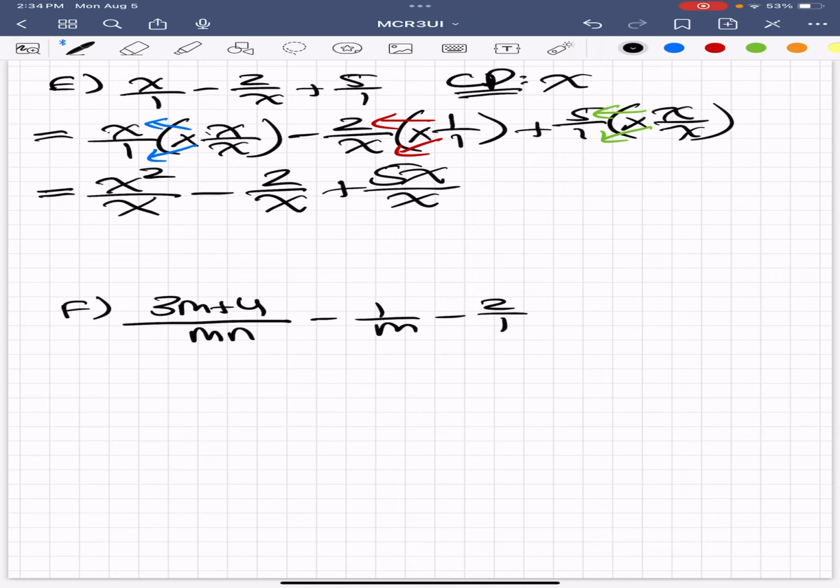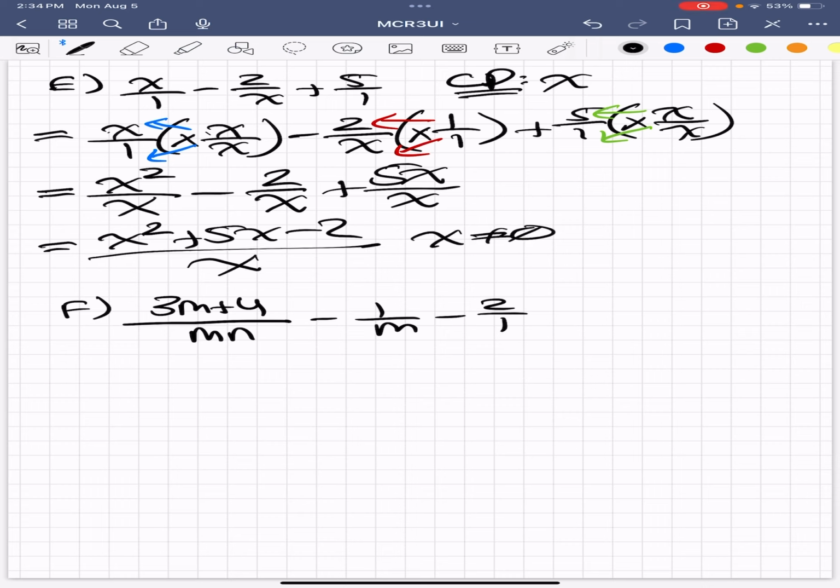So we have the common denominator of x, and then we just add and subtract the numerators. And we are left with x squared plus 5x minus 2 all over x, and x cannot equal 0 because x is by itself and we can't have a 0 on the denominator, so x cannot equal 0 with the denominator.